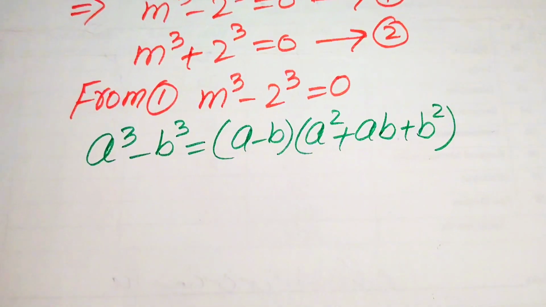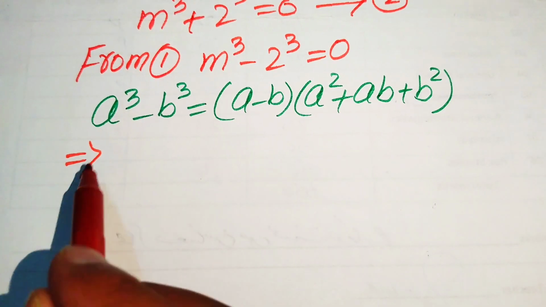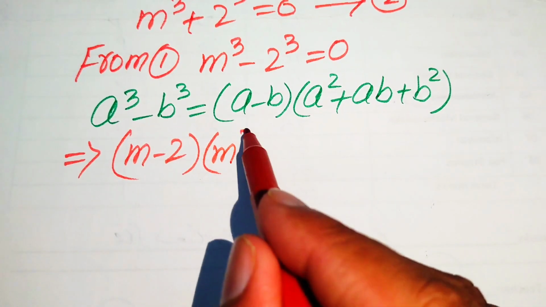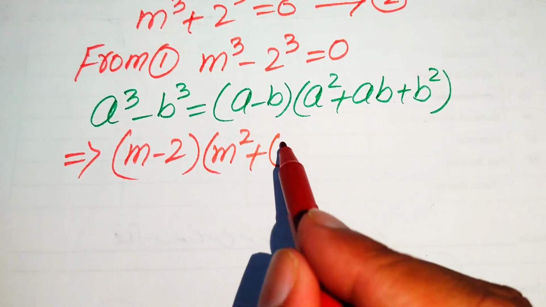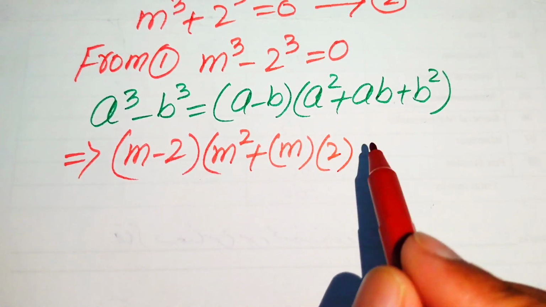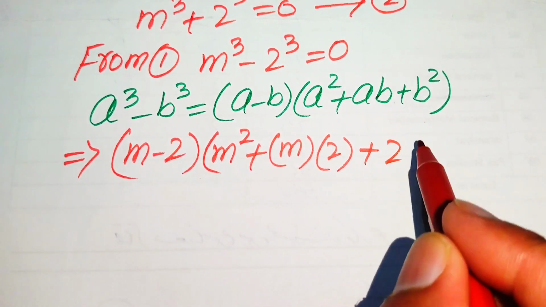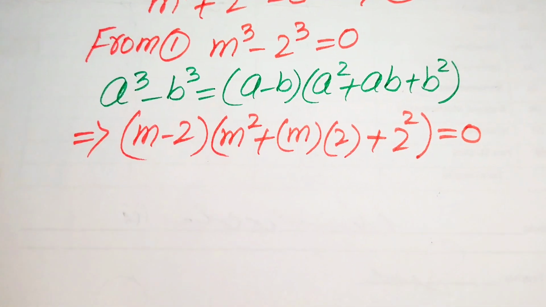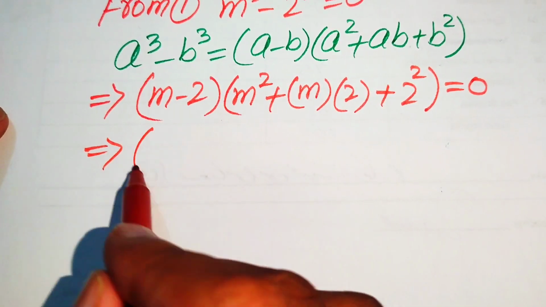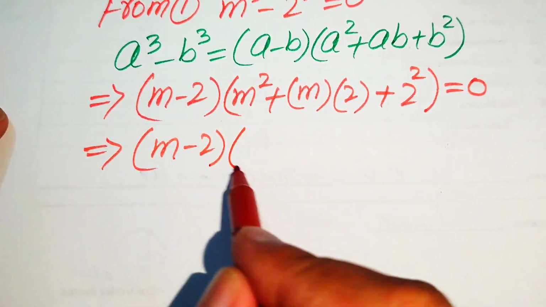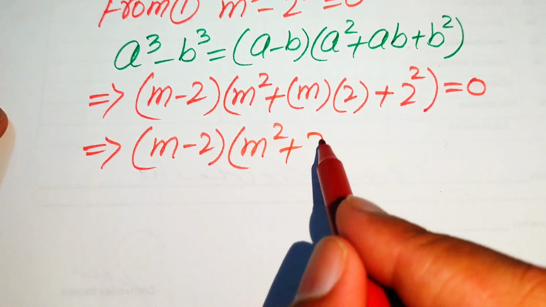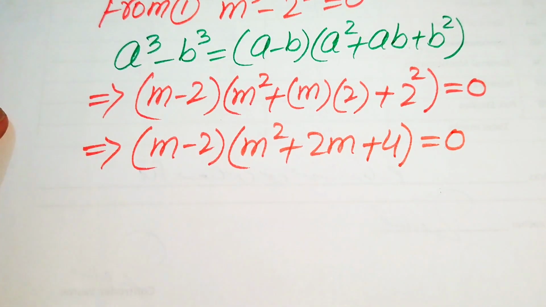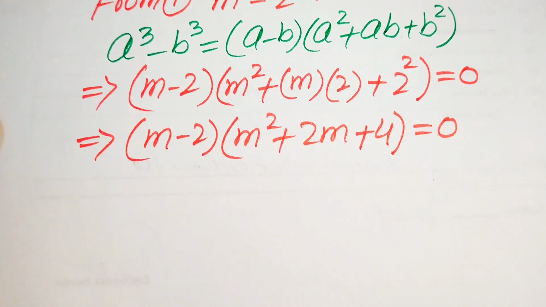So after applying this formula, our equation is written in this form: m minus 2 times m squared plus ab, so our a is m and b is 2, plus b squared, so 2 squared, and this whole equation equals 0. So here we need some simplifications, and we write it as m minus 2 times m squared plus 2m plus 2 squared equals 4, and this whole equation equals 0.